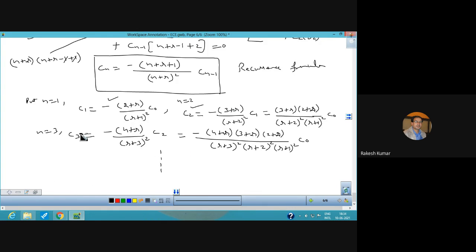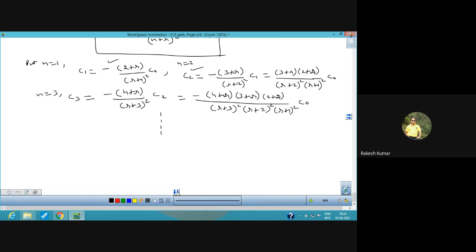Now the required solution is y is equal to summation n is 0 to infinity, Cn x raised to power n plus r.